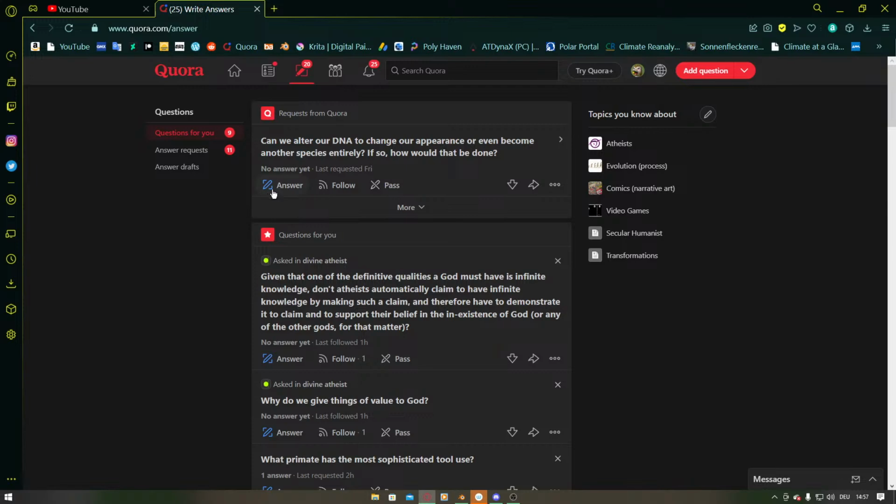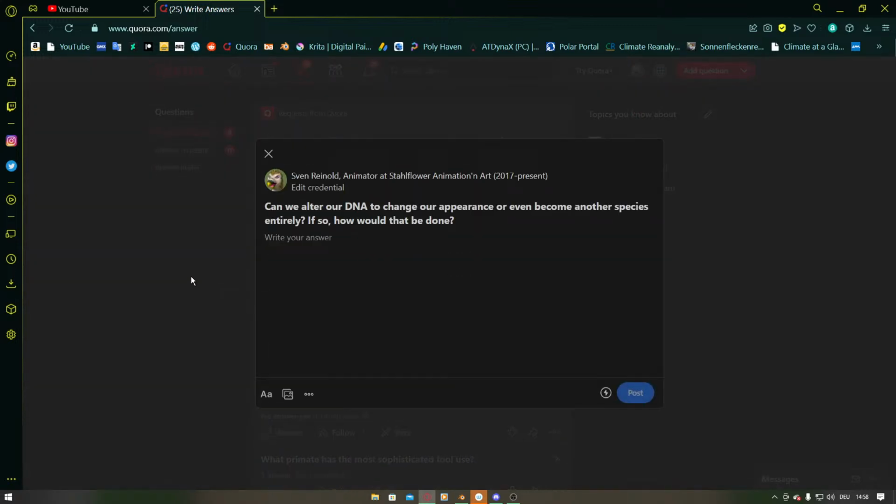So we can alter our DNA, but we can't do it to change our appearance. Well, we can alter our DNA and change our appearance. That means, however, that we expose ourselves to radioactive radiation, and that causes cancer, which therefore alters our appearance if it is external.